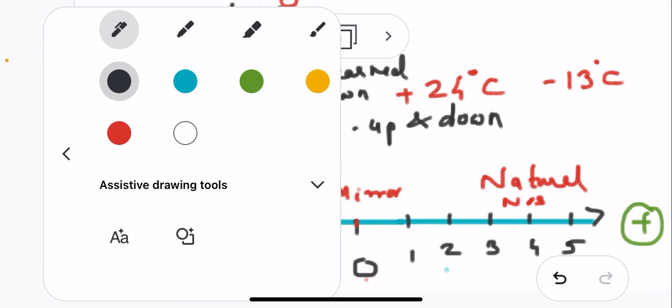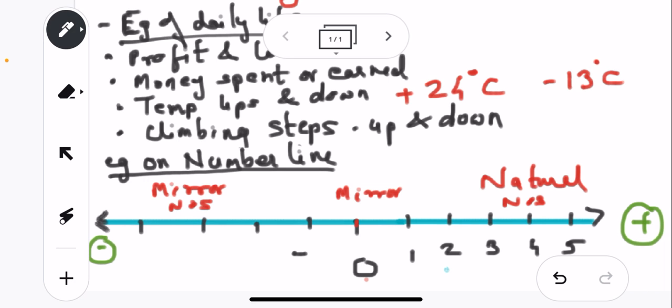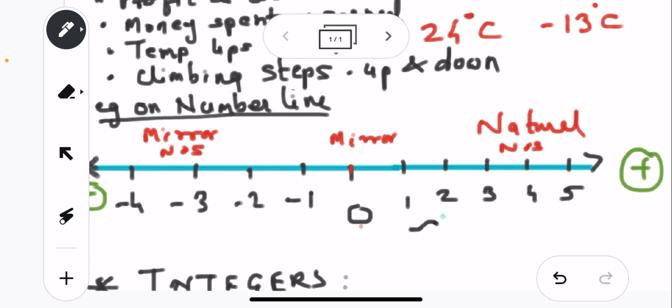If I write here -1, -2, -3, -4 and so on. If you observe, the numbers on your right hand side are all positive, and the numbers on the left hand side are all negative.